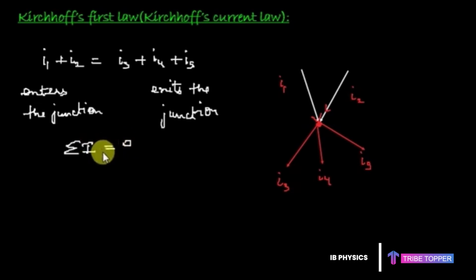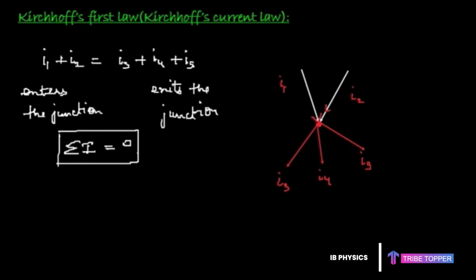So how can we state Kirchhoff's law? If you look at this expression, you can easily put it into words: the algebraic sum of all the currents meeting at a point or a junction in a closed electric circuit is 0.